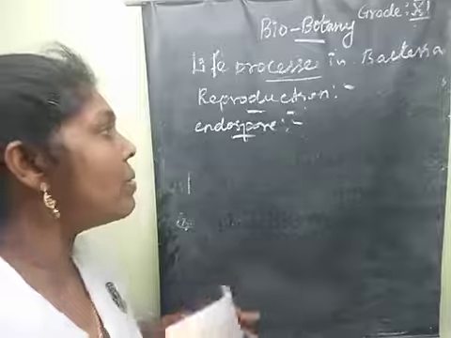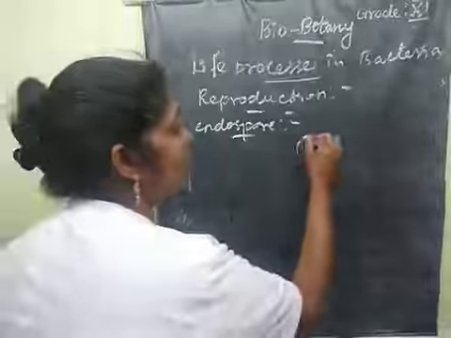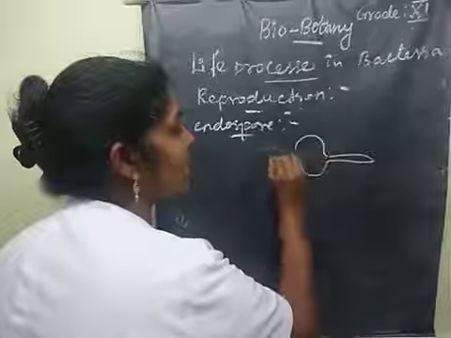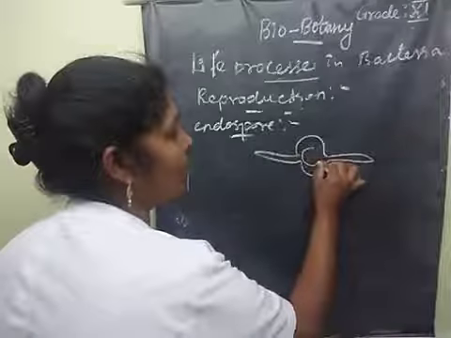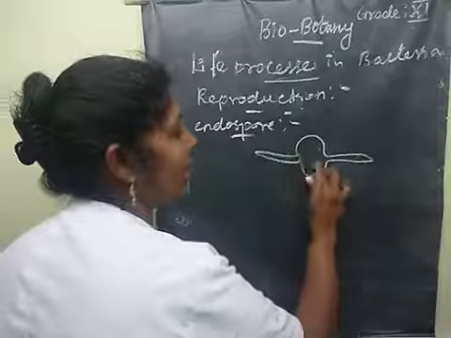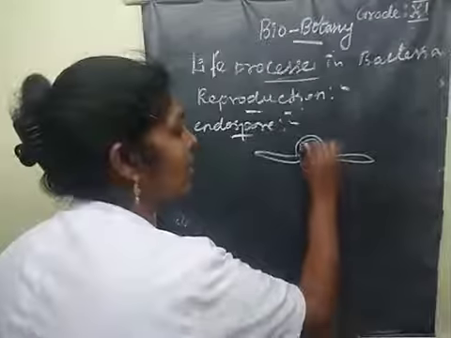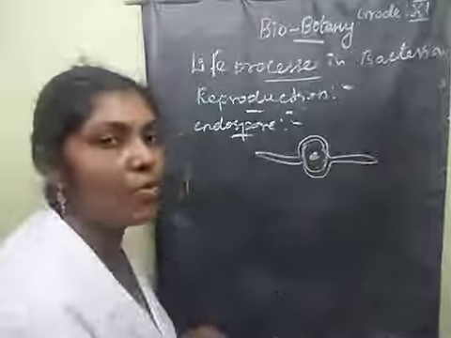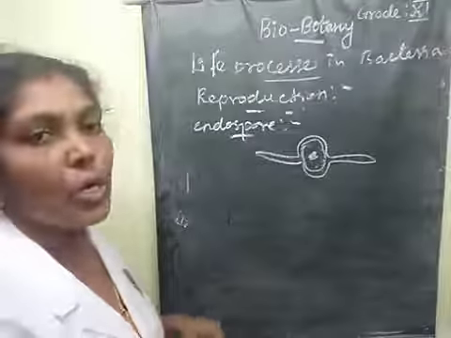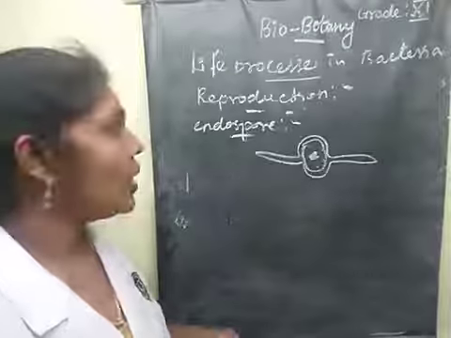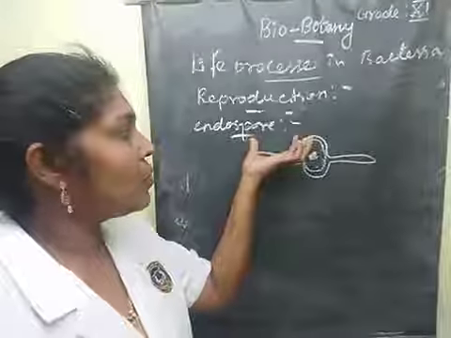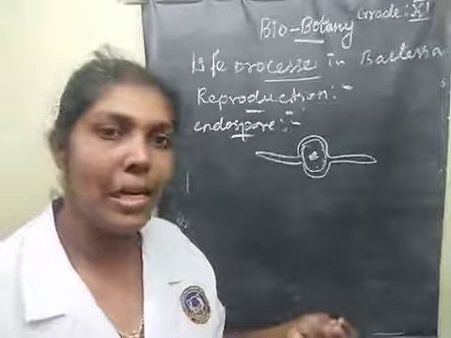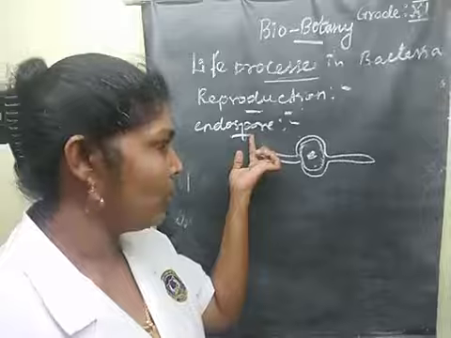So what do we mean by endospores? Endospores are thick-walled resting spores. Clear, children? The thick-walled resting spores are called endospores. Under unfavorable conditions, the bacterial cells produce endospores.